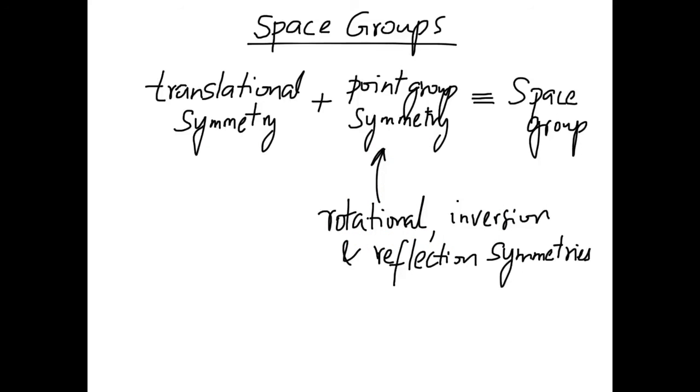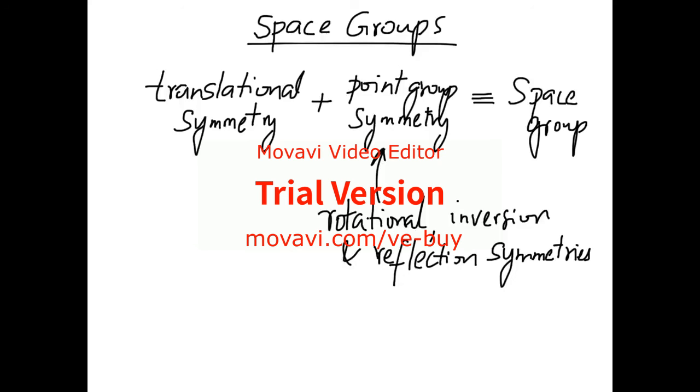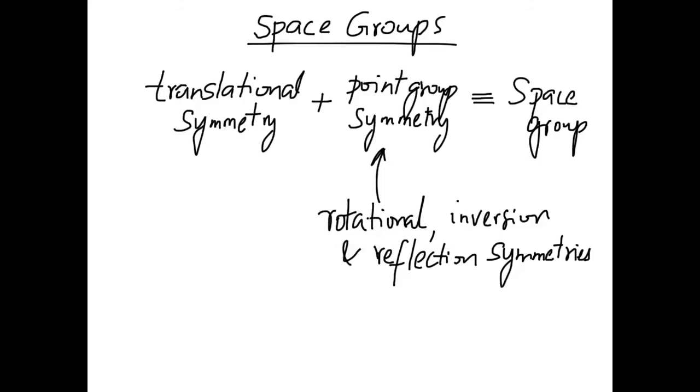So let me at this point mention what we really mean by group or point group. A group is really a collection of operations that leave a system invariant or unchanged. So if you have a particular molecule, let's say H2O, it has a certain set of symmetry operations that will leave that particular molecule invariant.